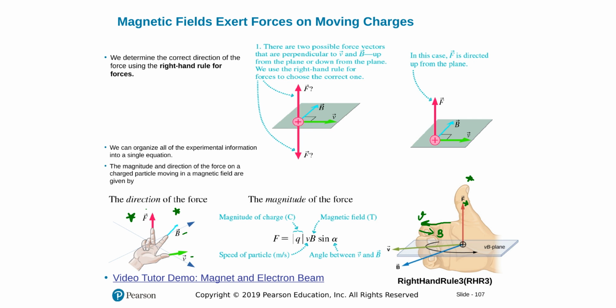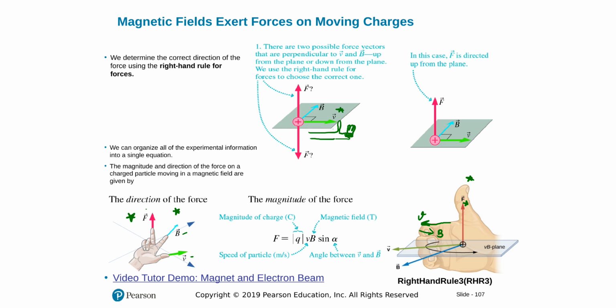So if I have a magnetic field and speed in this fashion here, I put my arm and fingers along the velocity first, and then roll them toward the magnetic field. So I have to rotate my arm to roll them, and then open my thumb. That will be showing the direction of the force.